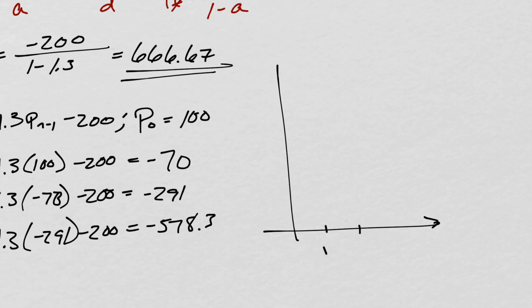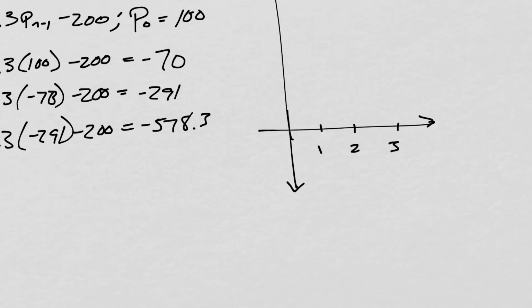Got 1, 2, and 3. Guess I should shift this down a little bit. P sub n is on our vertical axis, n is on our horizontal axis here. At 0, we started out up here maybe with 100. At 1, we're now at negative 70.